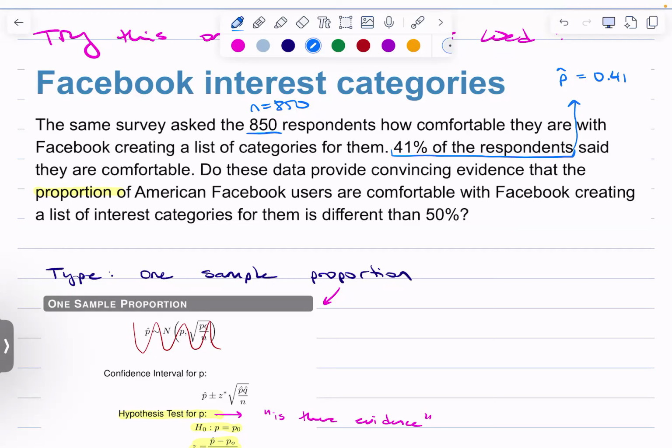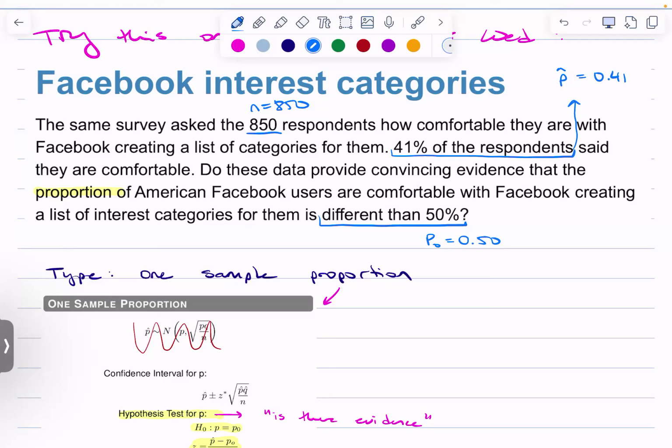What do I want to compare that to? I want to compare it, is it different than 50%? Which tells me P naught is 0.5.